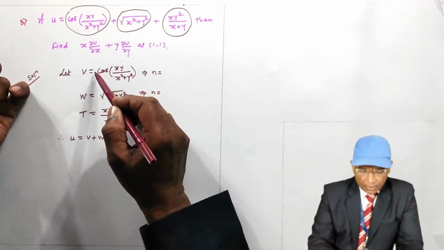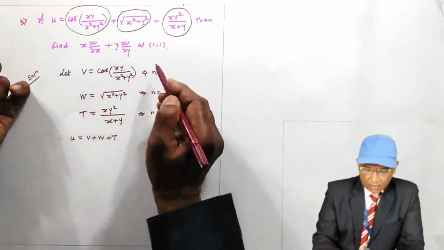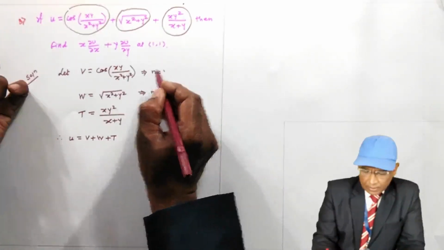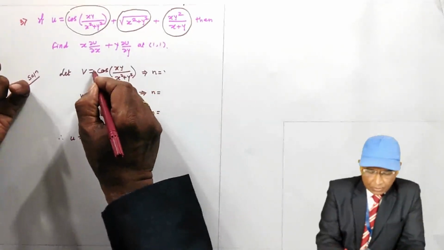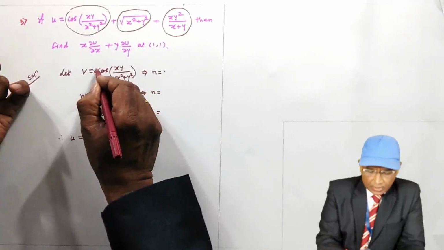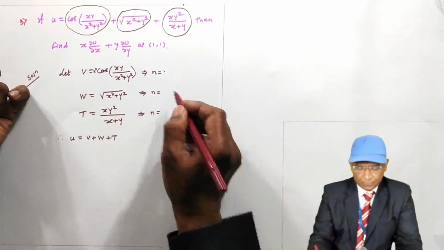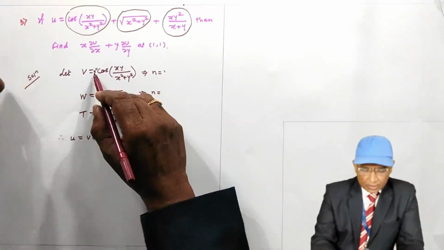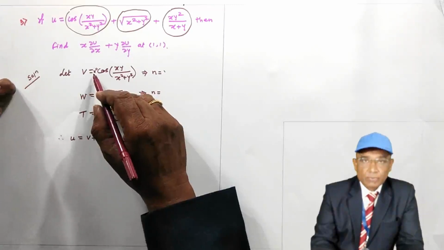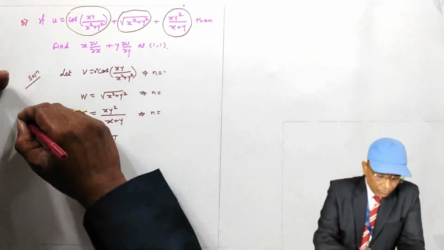Now, what did I tell you in the last sum? Here 1 is there in the multiplication, x to the power 0. Here, this function v is in the standard form.